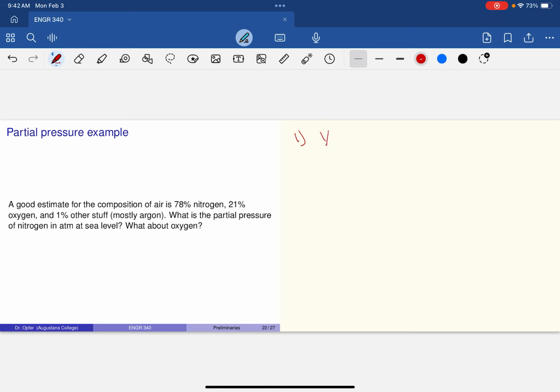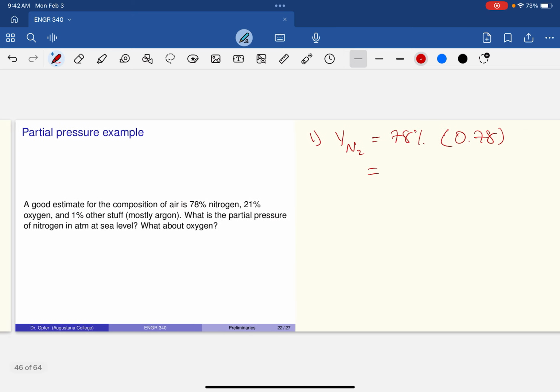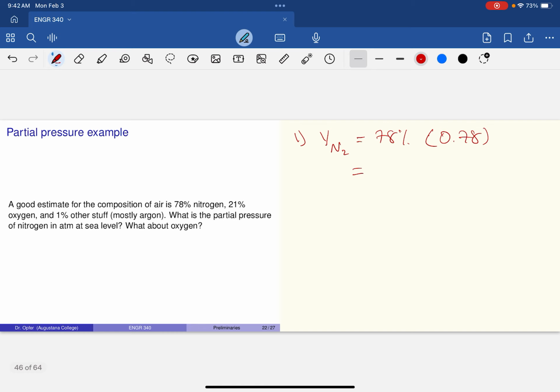So mole fraction of nitrogen, which is naturally found as N2, we know that's equal to 78% or 0.78 in fraction form instead of percentage form. Okay, and we also know that the relationship between mole fraction and partial pressure is given by mole fraction is equal to the partial pressure over the total pressure of the gas.